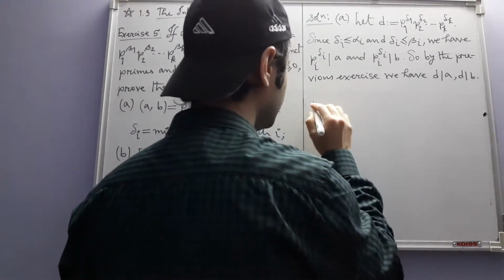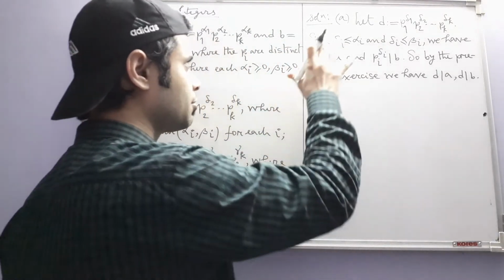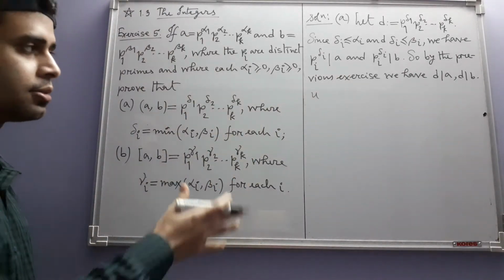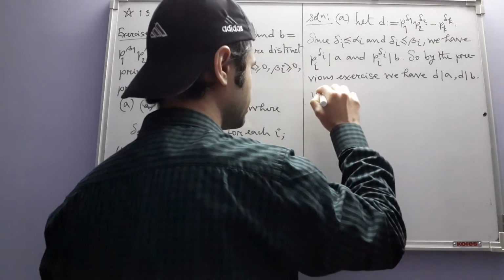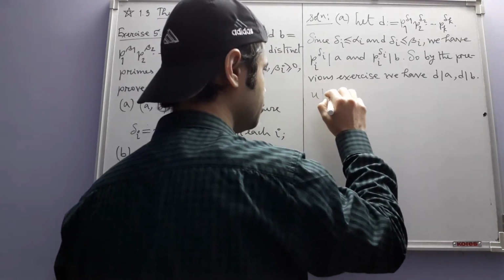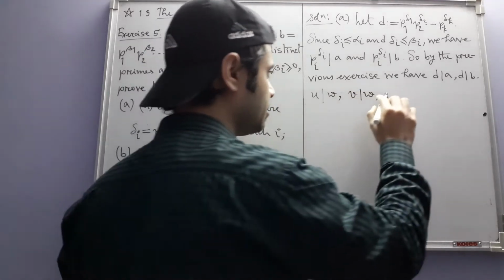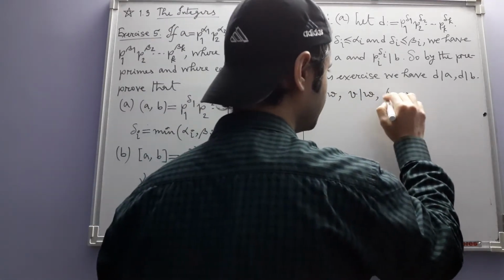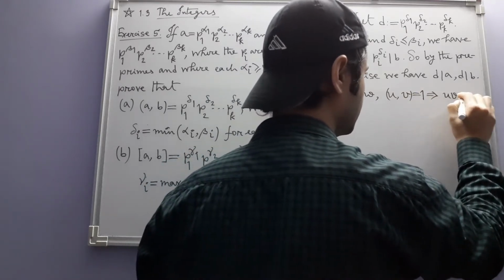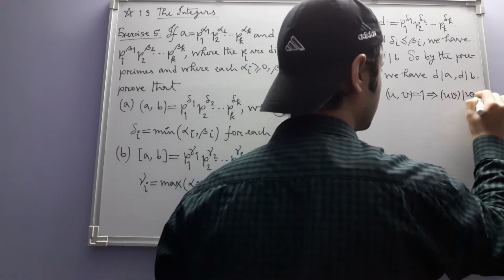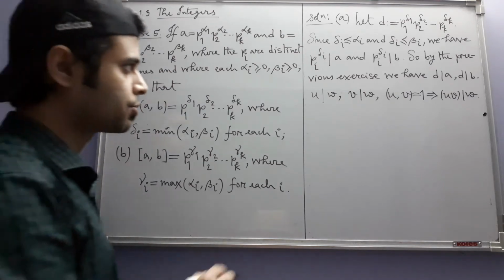It says that if we have three integers u, v and w, since I already have A and B here, so I am using some other symbols to denote the integers, such that u divides w and v also divides w, and u and v are relatively prime, then the product uv divides w. This is what the previous exercise 4 says.